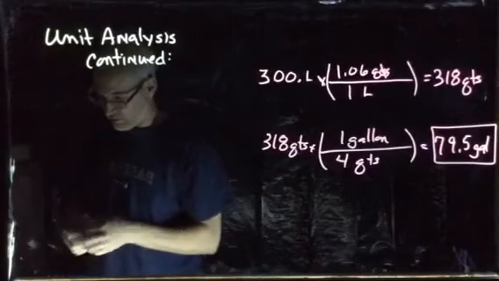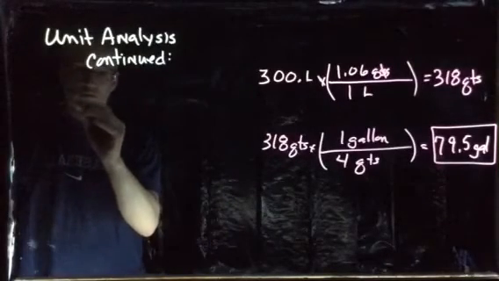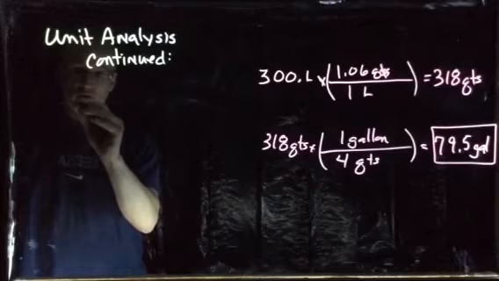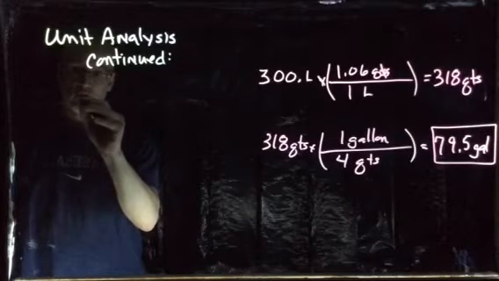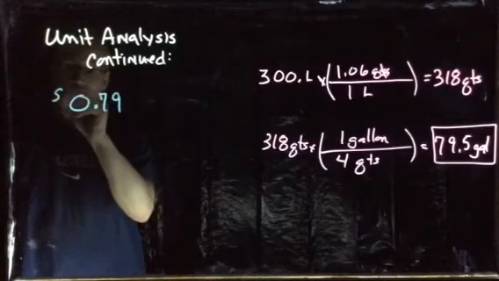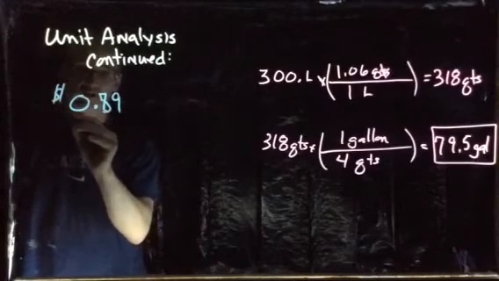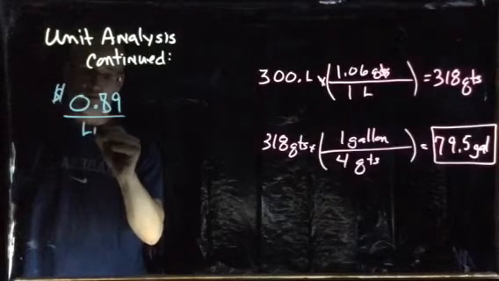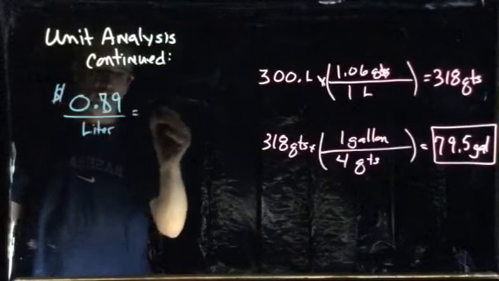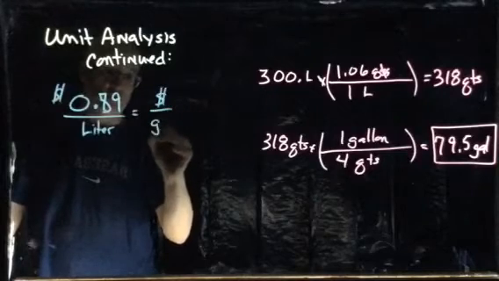And then I'm going to set up another problem. Say we go to Canada and we buy gas for, let's see, we'll go 89 cents per liter. What is its cost per gallon?